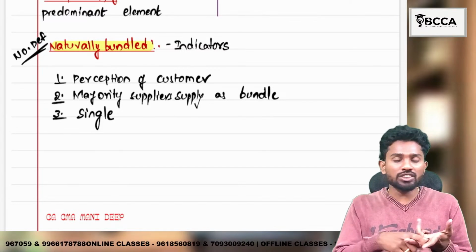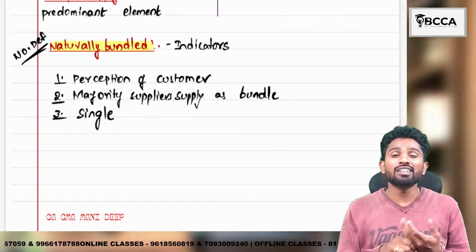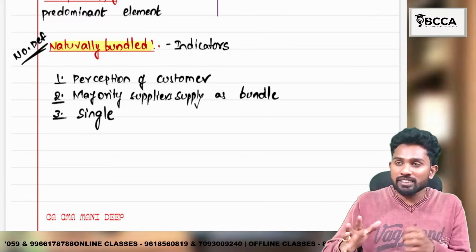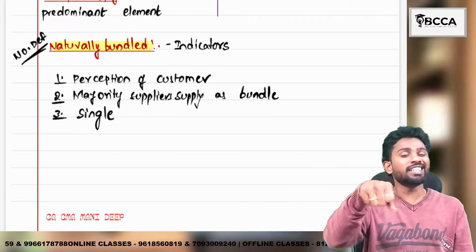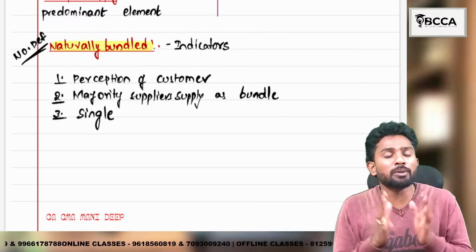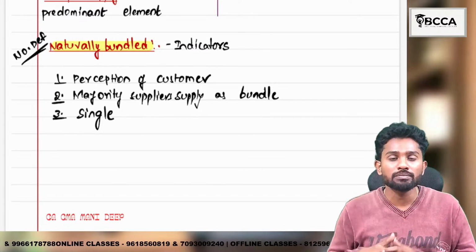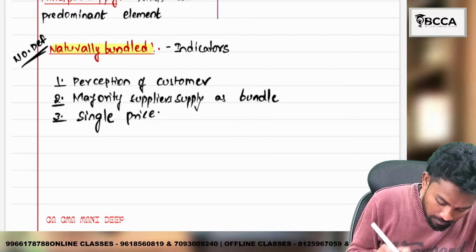Delivery and installation is not predominant, AC is predominant. So you understand which is the principal supply. Then whether it is naturally bundled or not, yes, because the customer is expecting, when he is buying an AC, that it has to be delivered and installed. Customer perception. Next, majority sellers, majority AC providers or electronic showrooms are doing that. So majority doing that. Then they should be having a single price.